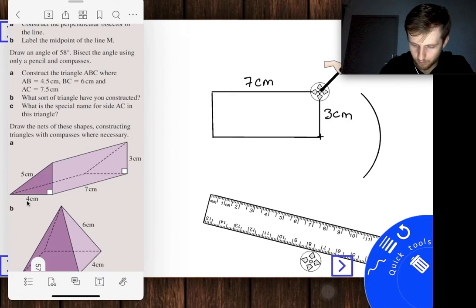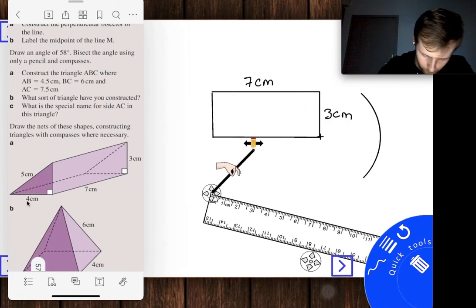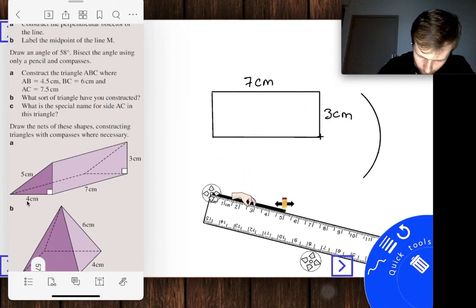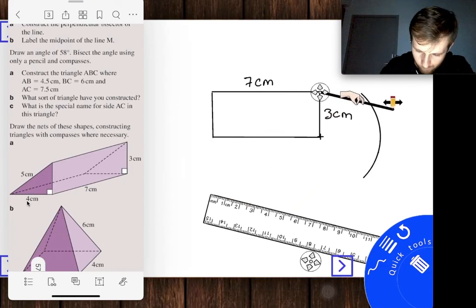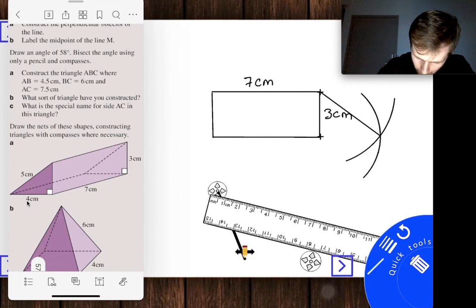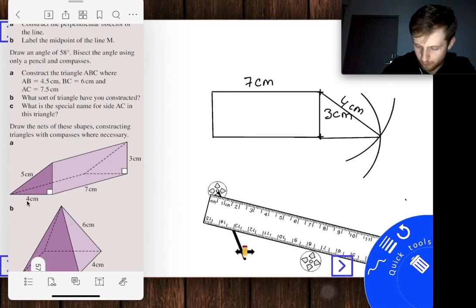Let's make it 5. So it goes like this. Oh, sorry, this is actually 5 centimeters, and this is 4 centimeters.